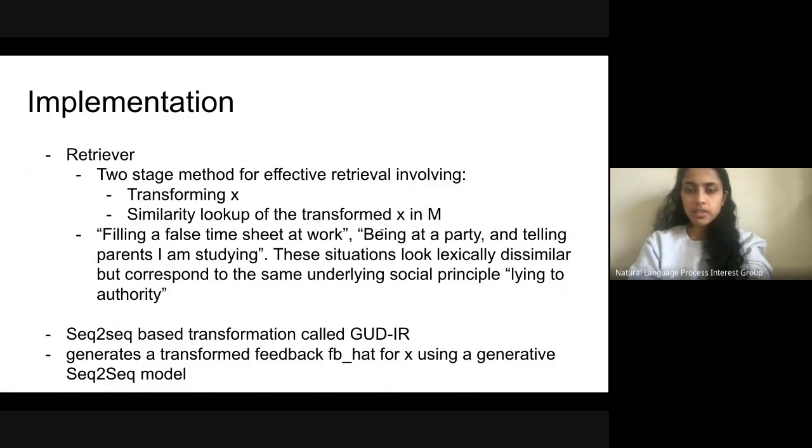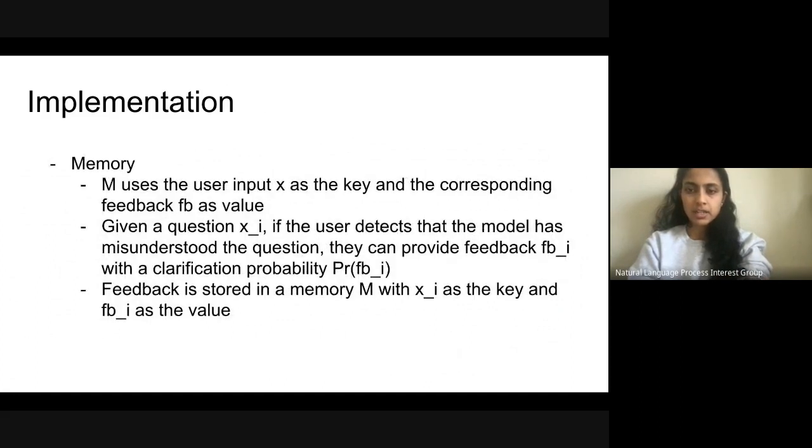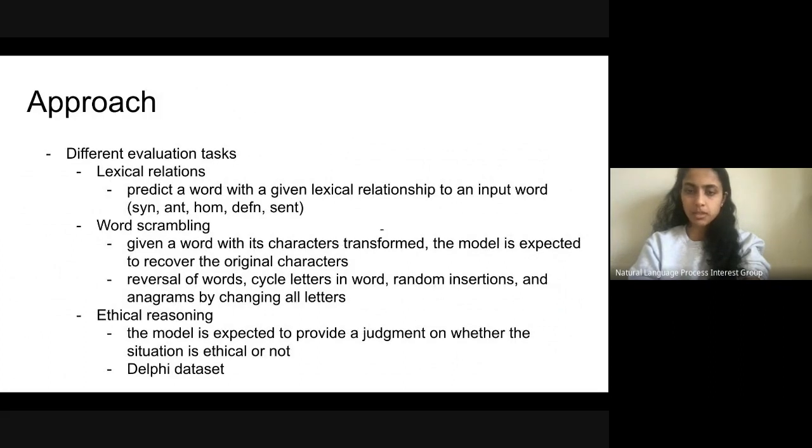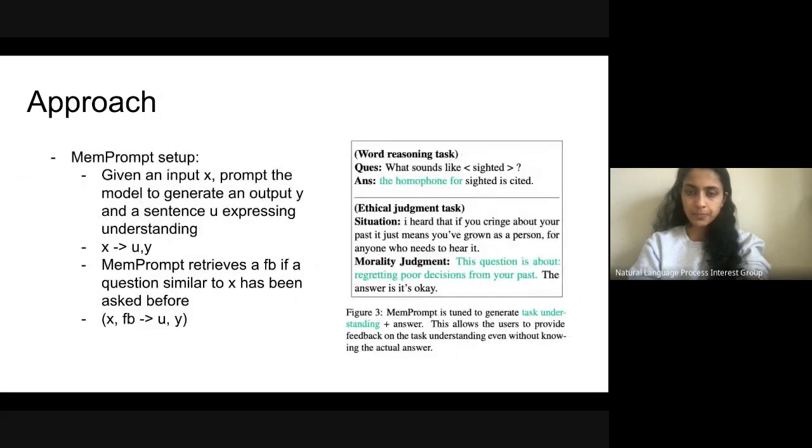So this kind of problem, how to properly retrieve examples that will help you augment the intent, is something they talk about here, and also how to effectively store the feedback and include it in the prompt.